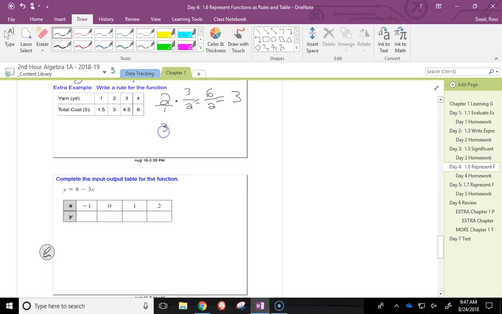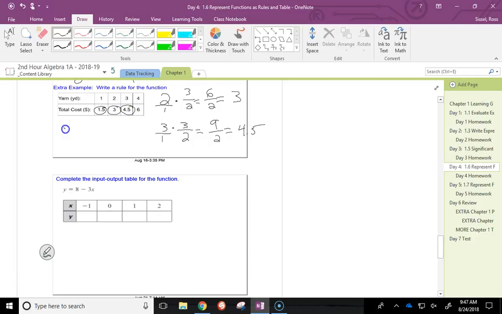I did it over here. 3 times 1.5. Make my 3 wholes into a fraction, 3 over 1. I get 9 over 2, which when you simplify becomes 4.5. Okay, that worked. So I had 1.5 work, I had 3 work, and I had 4.5.